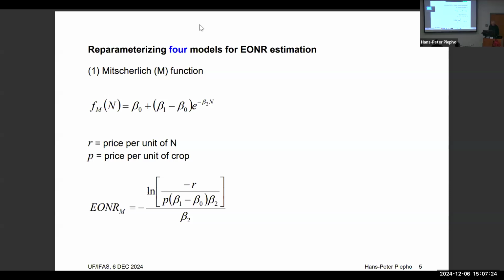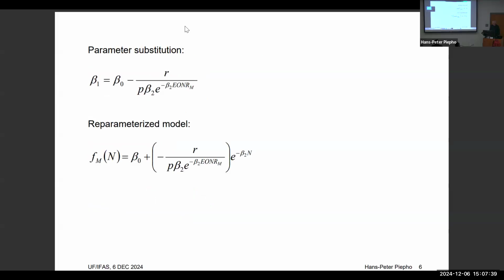It's a nonlinear regression problem, so we're going to typically apply nonlinear least squares to fit that model. So how do we get the estimate of the economic optimum rate? Well, we could just use this equation here, but a more convenient approach is to do a parameter substitution.